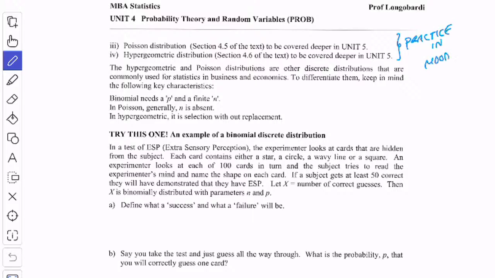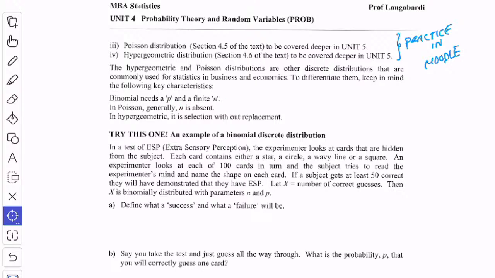This just lets you see that there are all kinds of distributions for which we can derive probability distributions given their parameters. Similar to the binomial: binomial needs a p and a finite n.